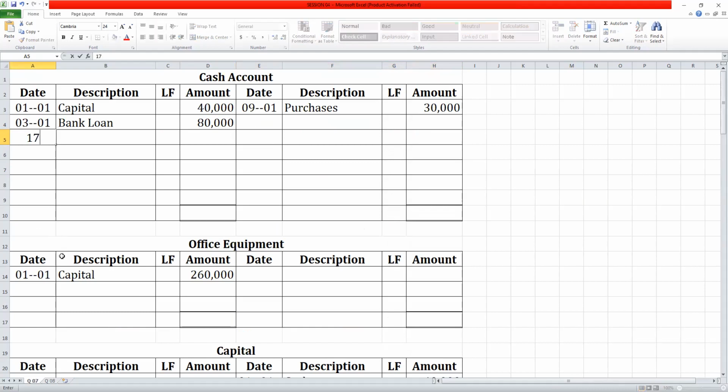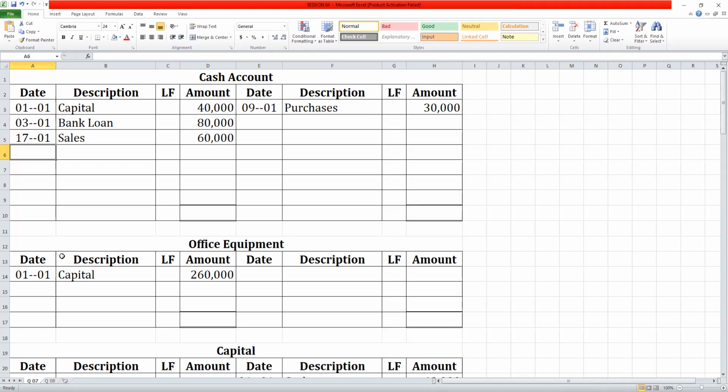The date is 17th January. Sales, 60,000. Now, in your mind, why did we debit cash here? What is the principle behind it? Always ask that principle. Cash is an asset. Asset increases debit.